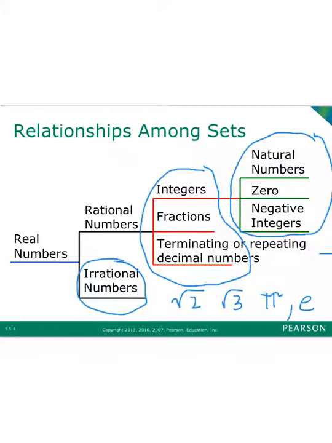And the rational numbers, along with the irrational numbers, make up the real number set. So the real number set is made up of all of these numbers. Sometimes we call pi and e transcendental numbers, and we will get into more of those numbers later on in our chapters.